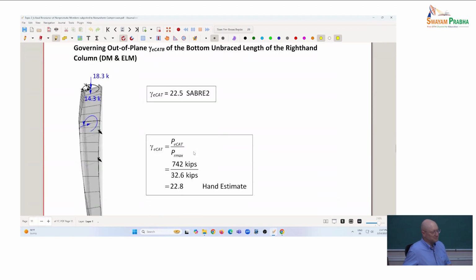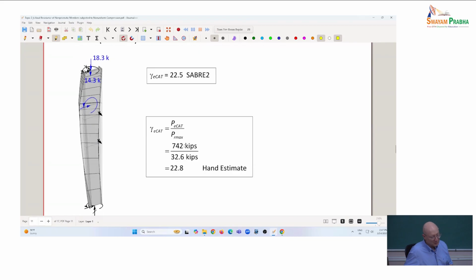But out of plane, okay, so now I've got what's clearly a constrained axis buckling mode, looking at the buckling mode that's coming out of the software. And the eigenvalue for that is 22.5.